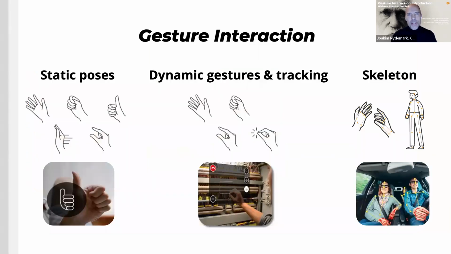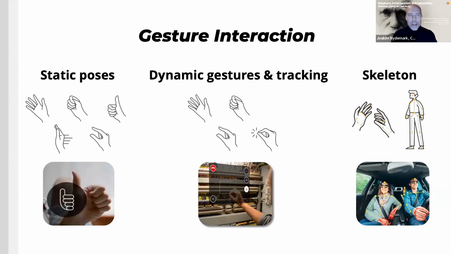So yeah, gesture interaction. This is all about interacting with the electronic devices without touching displays or any physical buttons. This is about using your hands and doing that from a certain distance. We tend to divide the gestures here into some different categories.